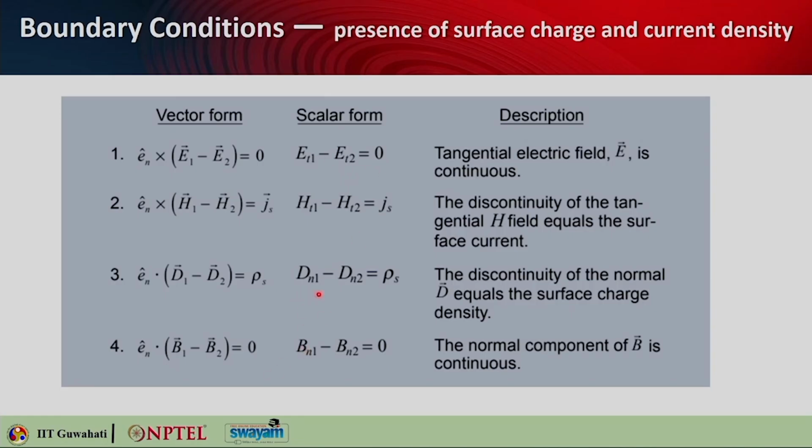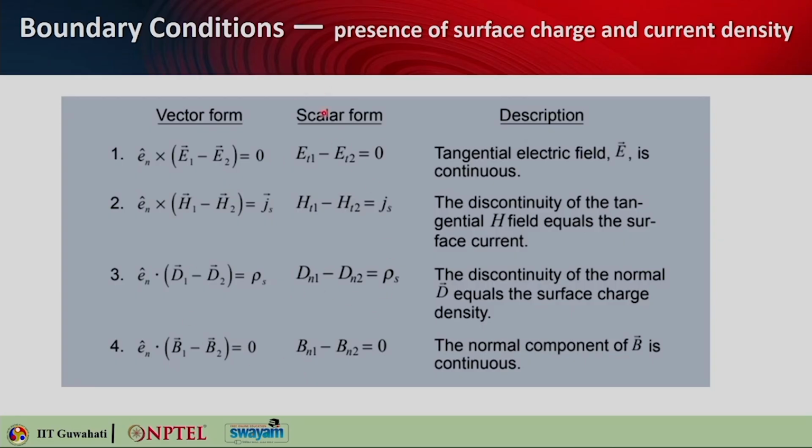However, the difference in the normal component of the displacement field is equal to the surface charge density rho s, and you can also see the difference in the tangential component of the magnetic field is Js, that is the surface current density. However, the normal component of B, that is the magnetic flux density, is continuous.